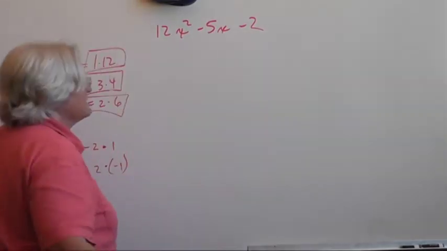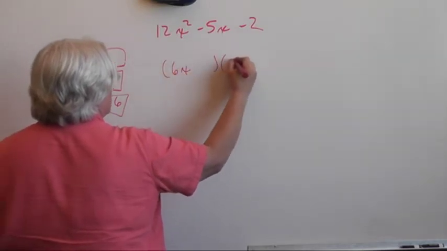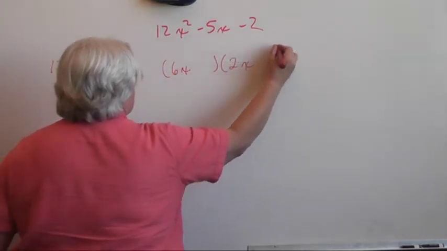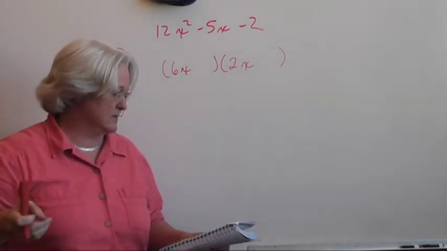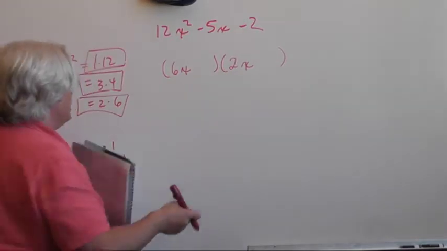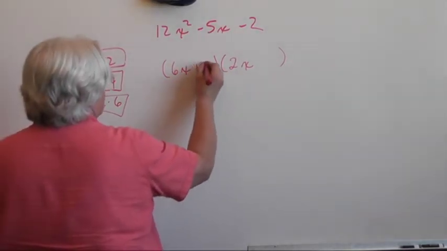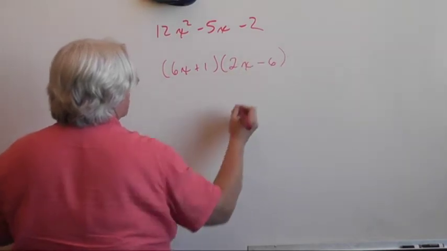So we're going to have a 6x and a 2x. Now we've got 4 possible choices here. We can do, let me see, we can do 6x plus 1 times 2x minus 6.